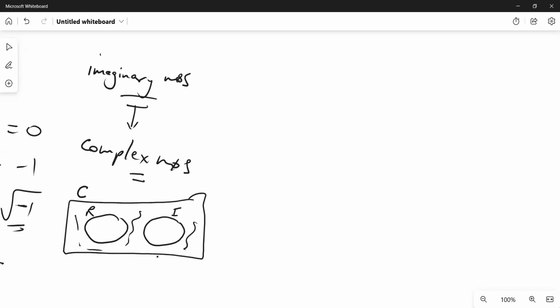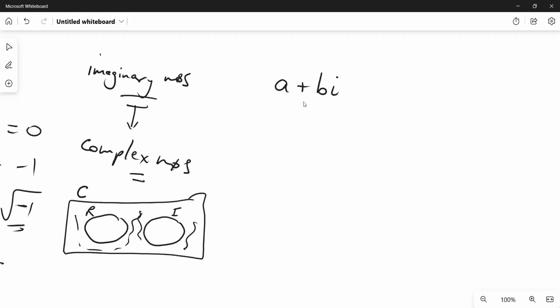We can now say that the complex numbers is another universal set. It's a universal set that encapsulates the real numbers as well as imaginary numbers, right? So they're subsets of complex numbers. And outside here, you have numbers of the form a plus bi, right?